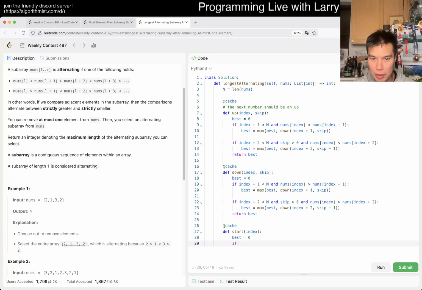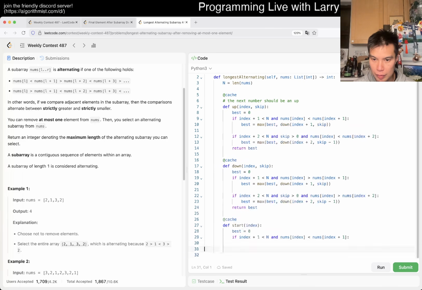So if and so then now we went up, so then now we went down from index plus 1, 1 for skip.